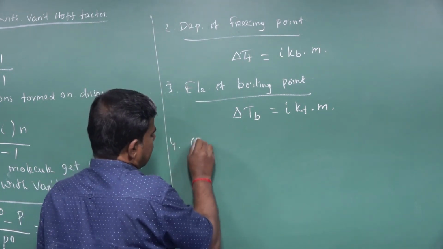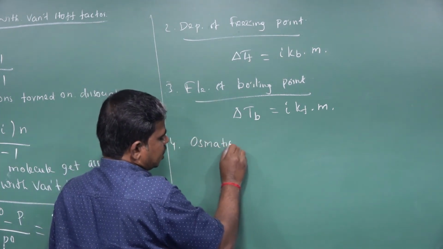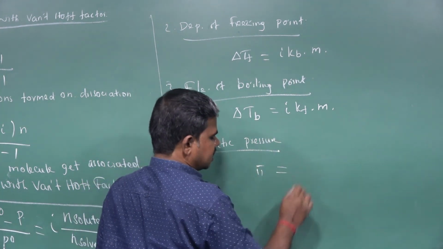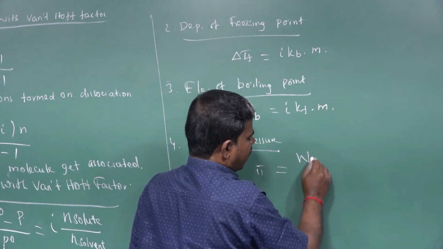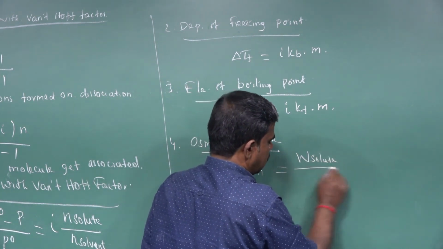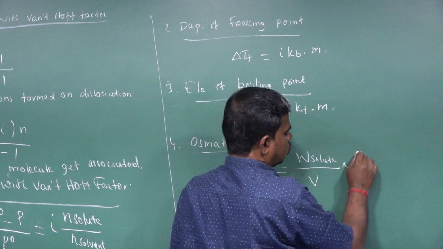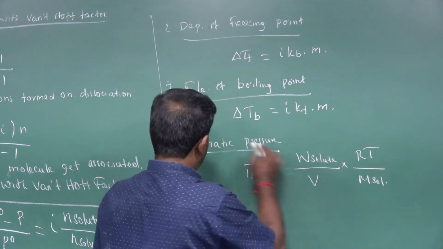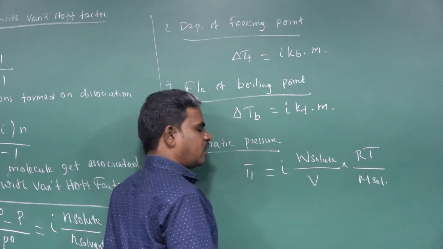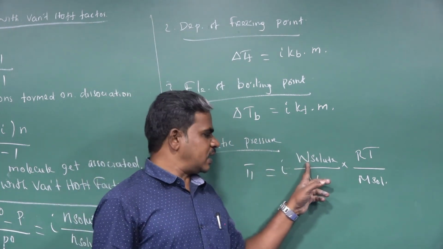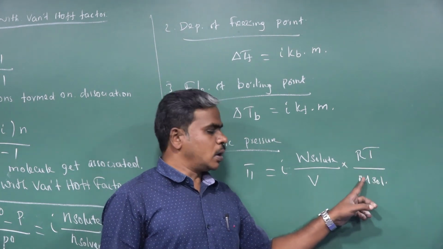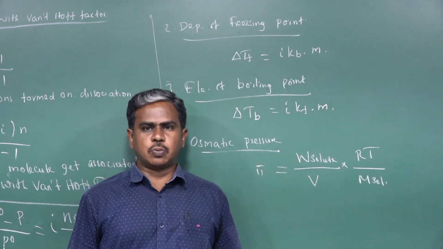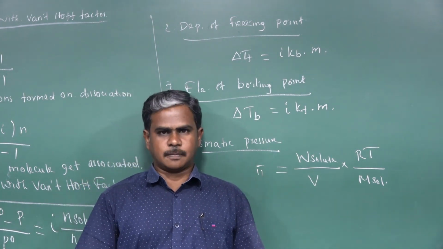And the fourth one is osmotic pressure, pi, which is equal to the Van't Hoff factor i times weight of solute by volume times RT by molecular mass of the solute. So we may modify the four colligative properties with this Van't Hoff factor. Thank you.